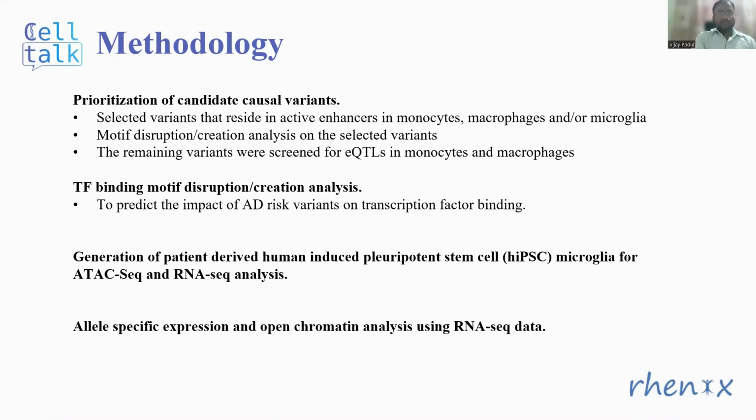That means the RNA-seq data will provide the expression level of each and every gene that is expressing in that particular cell type, and they correlated that data with the position of that particular allele. So if in that particular position of the allele it is expressing, then the RNA read will align to that particular location. If that is not expressed, then the RNA read will not align to that particular location. So they check whether that particular allele is getting expressed or not.